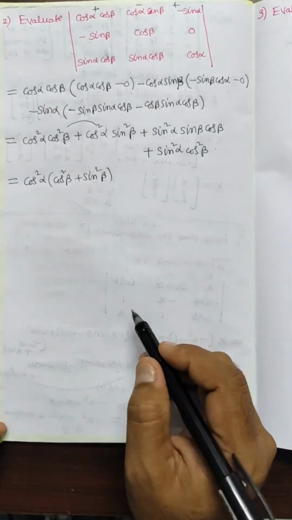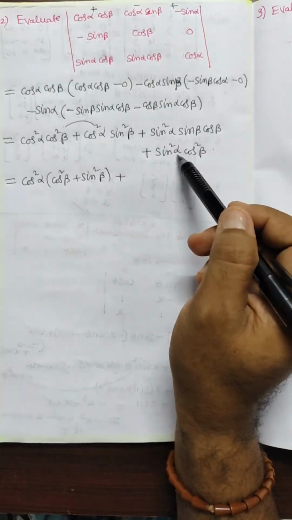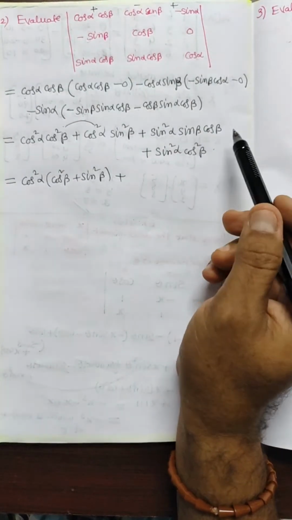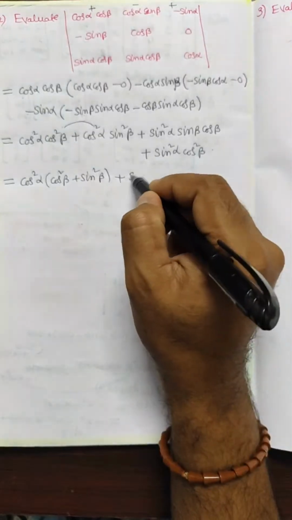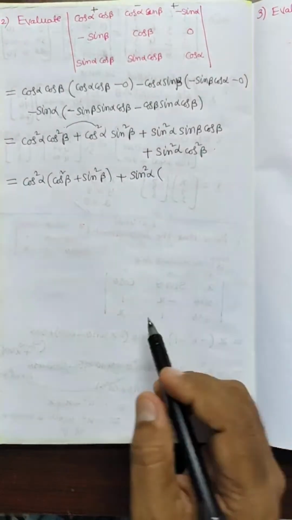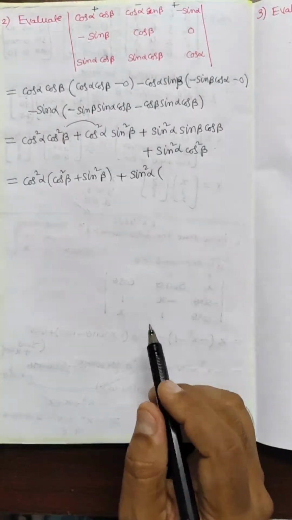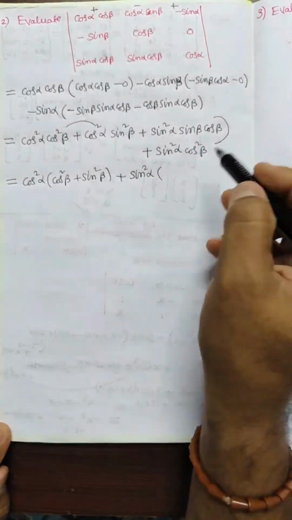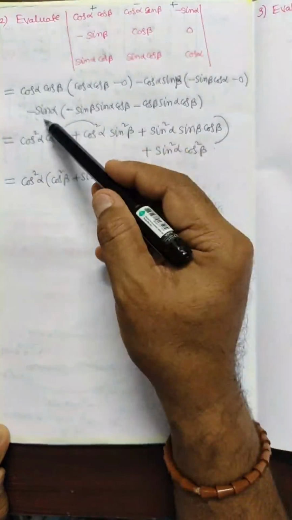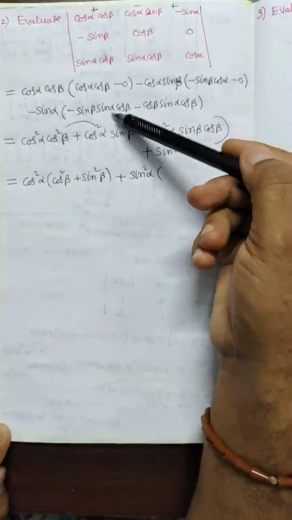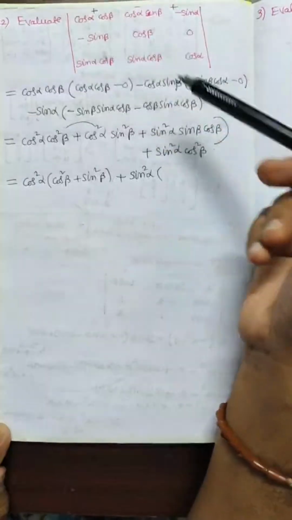From the other terms, sin square alpha, if we take out common: minus sin alpha into minus sin beta, sin alpha cos beta, minus cos beta into sin alpha cos beta.